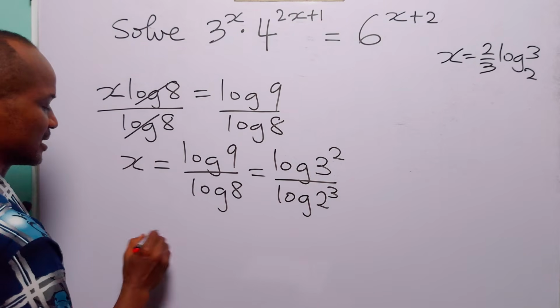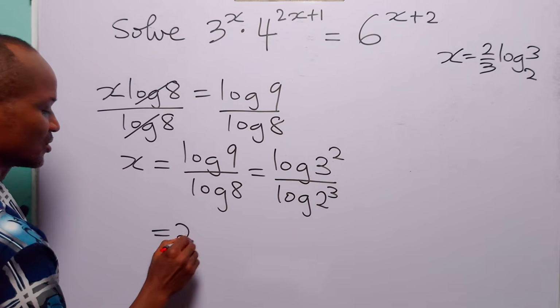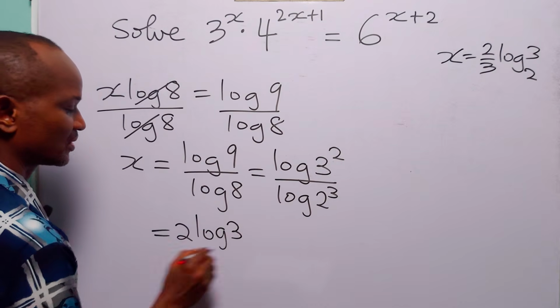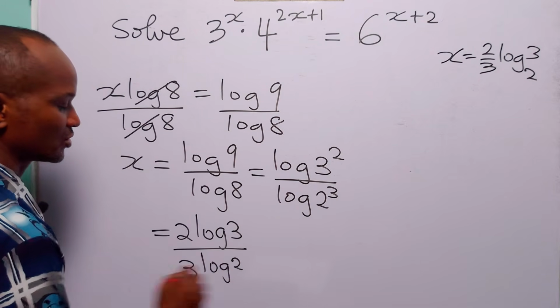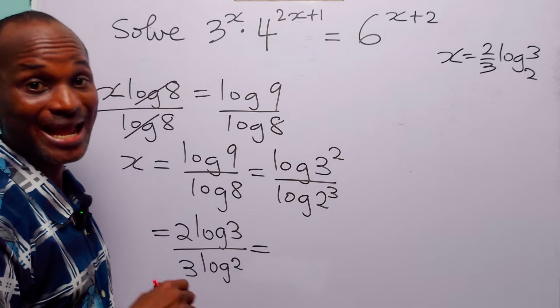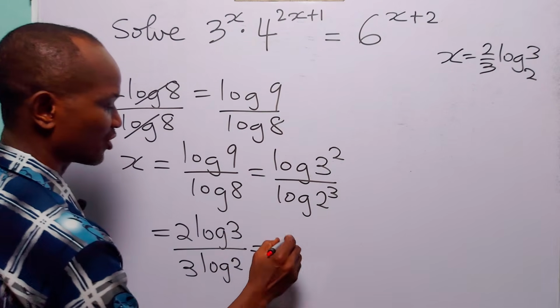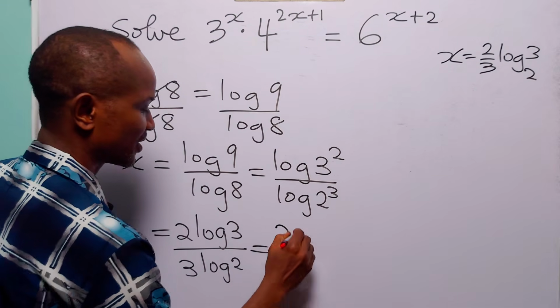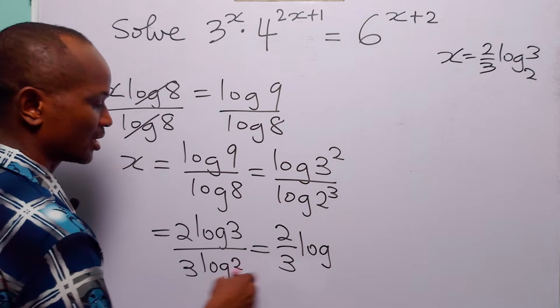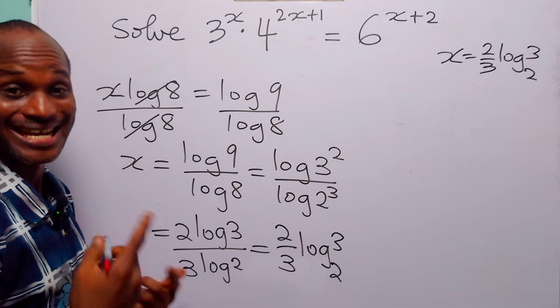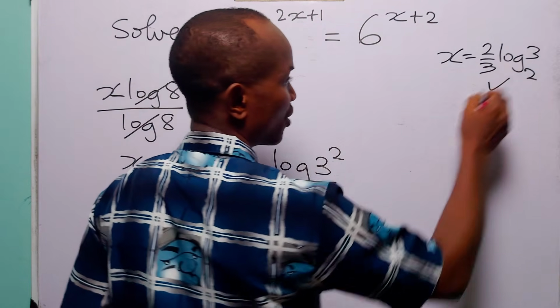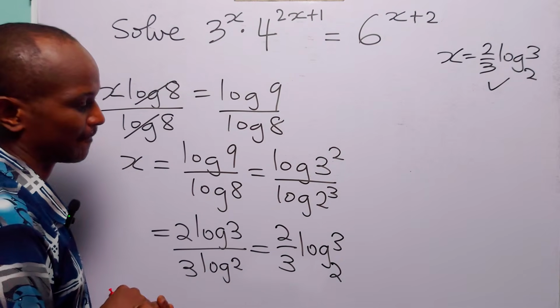And of course, this is equal to 2 log 3 divided by 3 log 2, which when we apply the change of base formula becomes 2 over 3 times log base 2 of 3, which is exactly the same thing that we got using the first method.